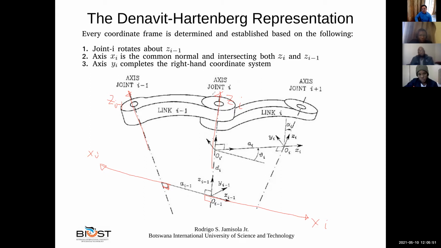This is joint i, and it rotates about zi. Okay, let me go back. I'm sorry. We all commit mistakes, but I'm sorry. The mistake is that, okay, let's go back.